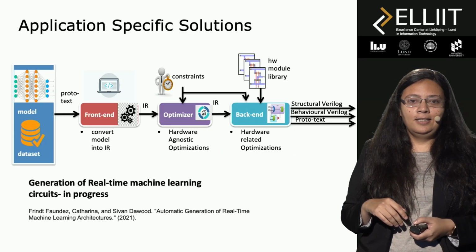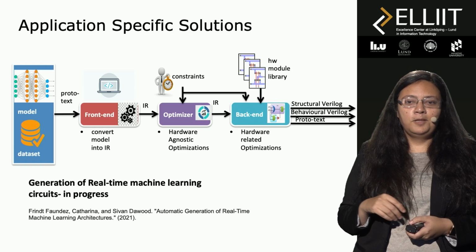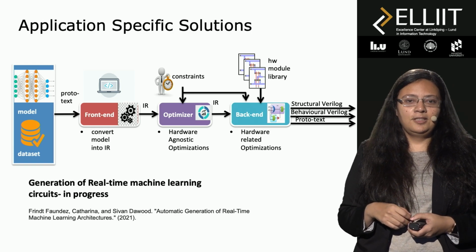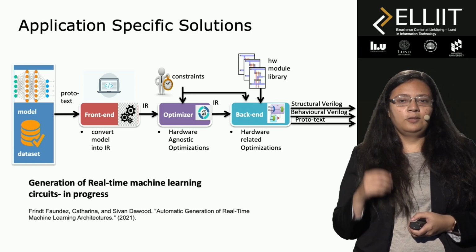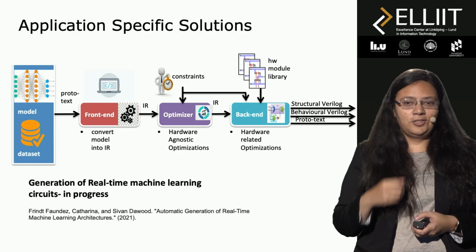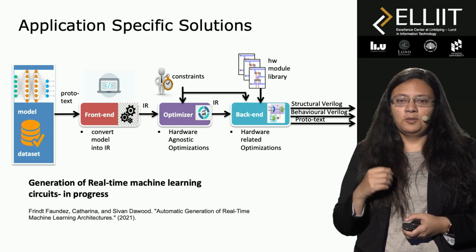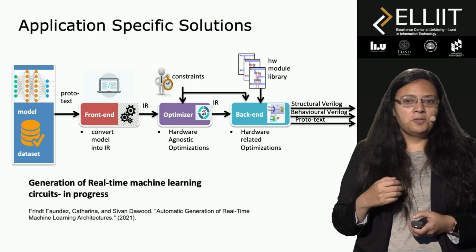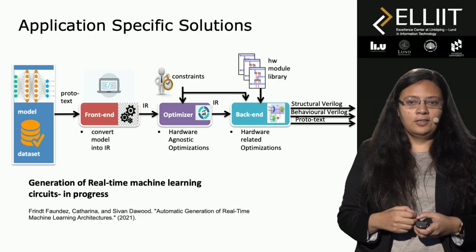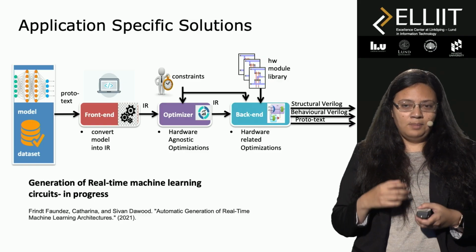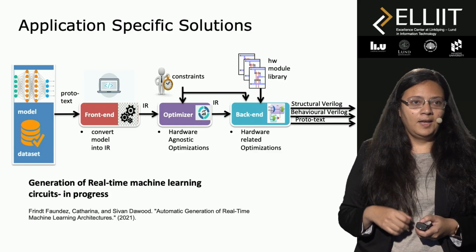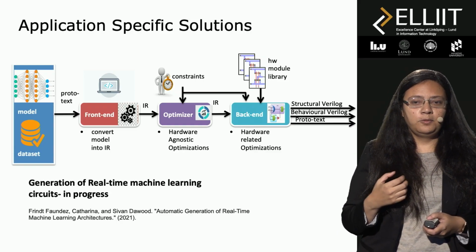And basically, in 2021, we started researching that in Halmstad University, where we have tools that would automatically take your application. And here we were focusing on machine learning applications. So we take a machine learning-based application, and we convert the whole application into hardware. And this should give you the best performance.